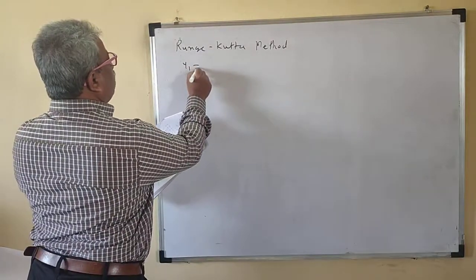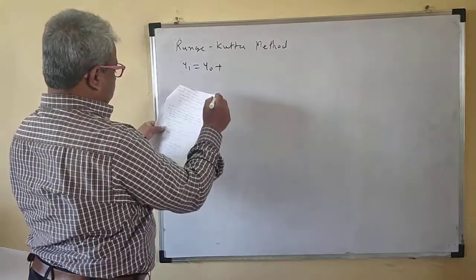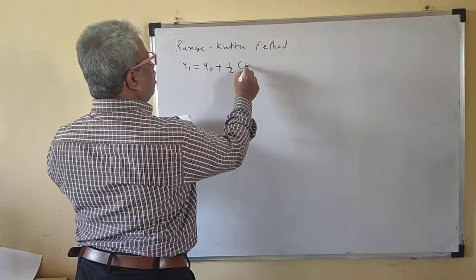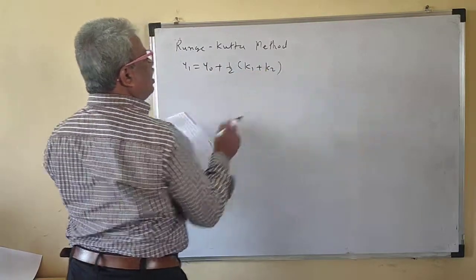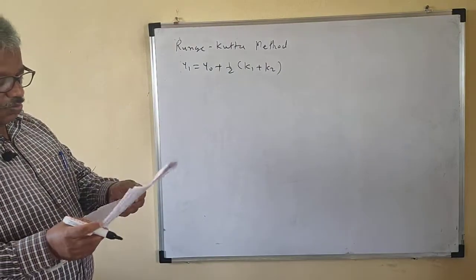For the second order, y1 is equal to y0 plus 1/2 (k1 plus k2). This is a very simple formula.